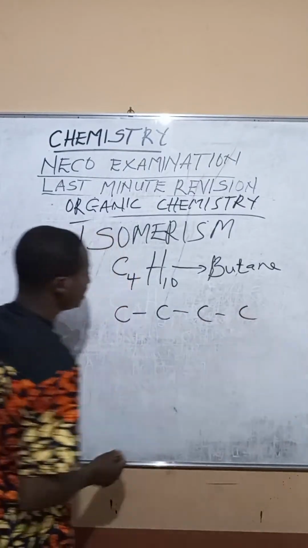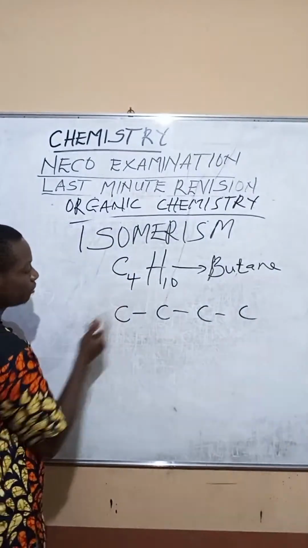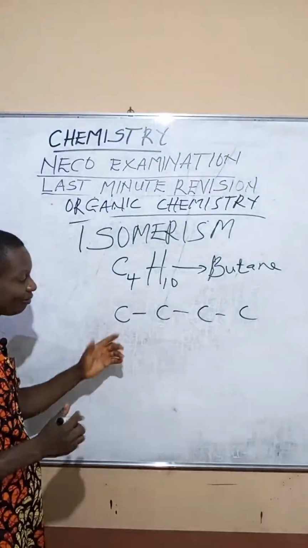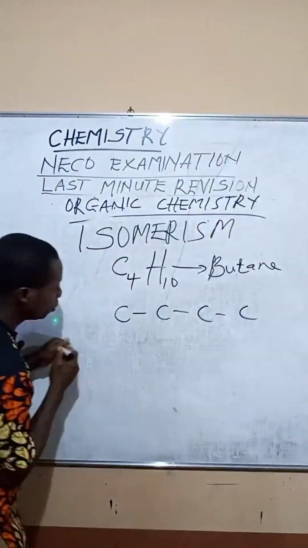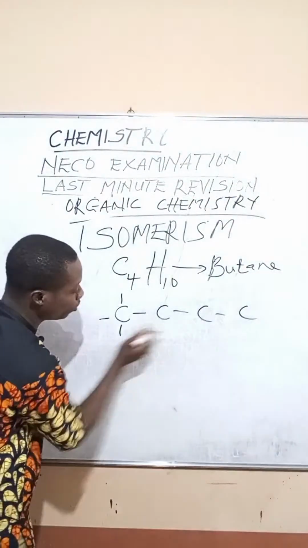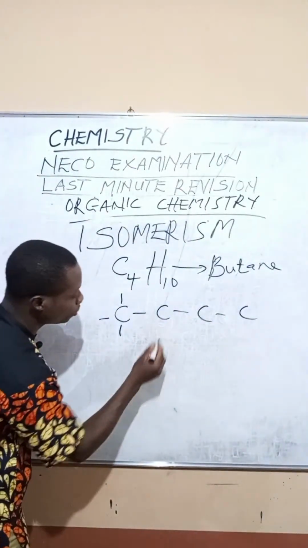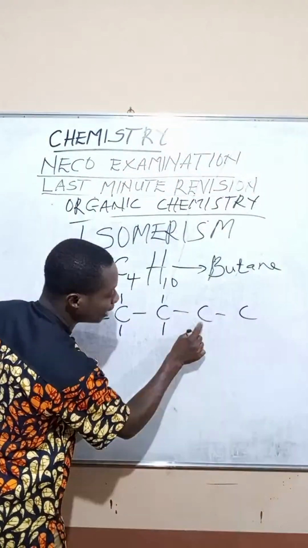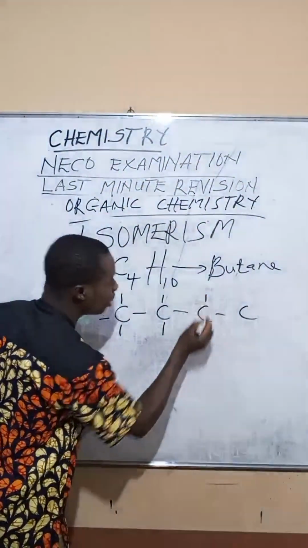Just look at what I'm going to write here. Remember, it must be four bonds. So we need 1 here, 1 here, 1 here. We already have 1, 2 attached to this one, so we need 1 here, 1 here. Here we already have 1, 2 attached to this one, so we need 1 here, 1 here.